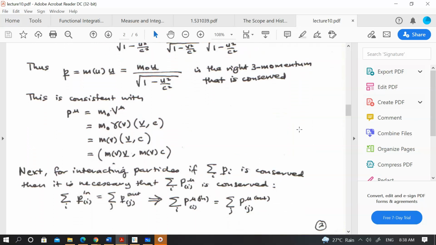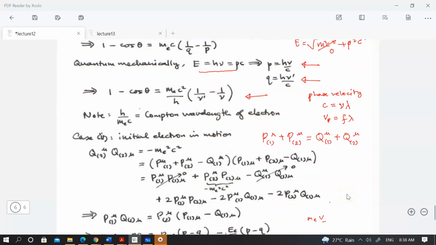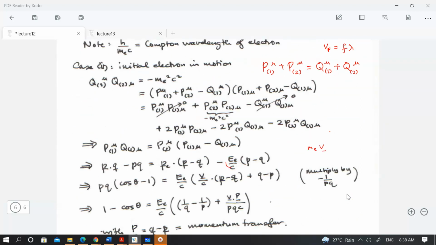let me just confirm this later on, because one of the things that seems to show up in this note is the factor of 1 over c. I just could not figure out where this comes from at the moment.